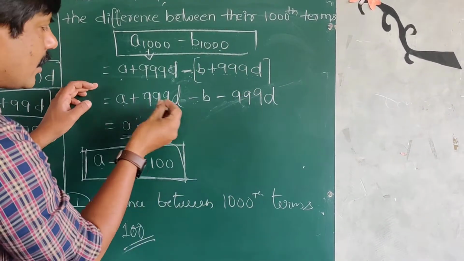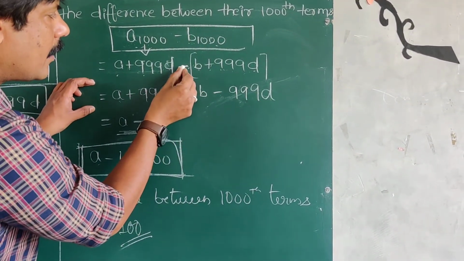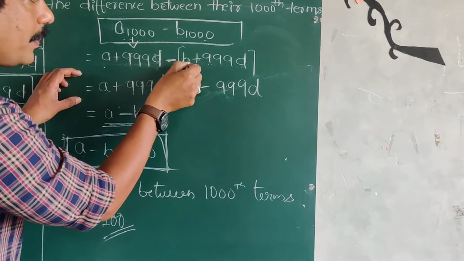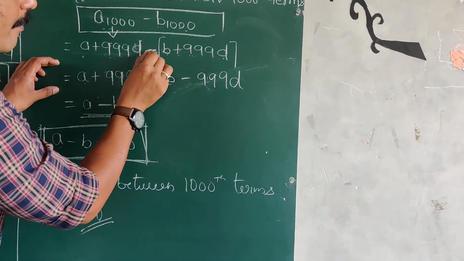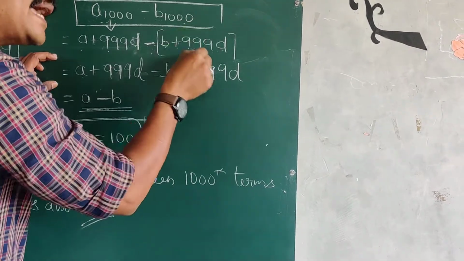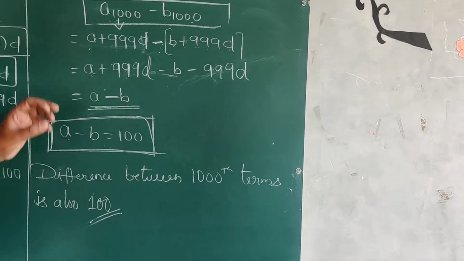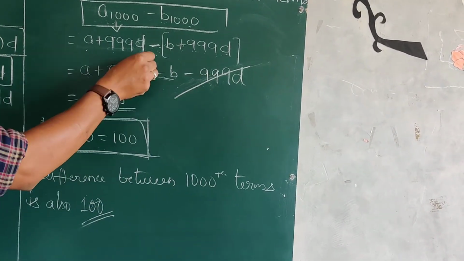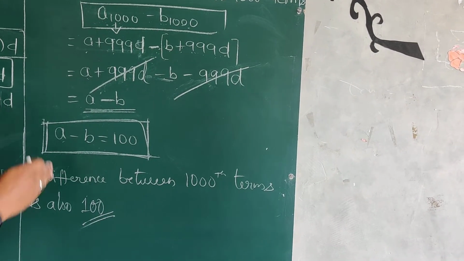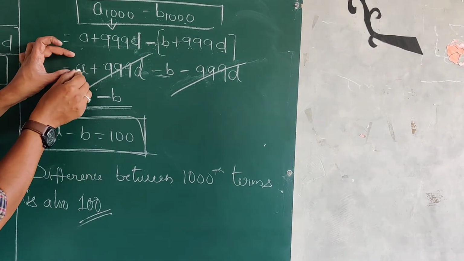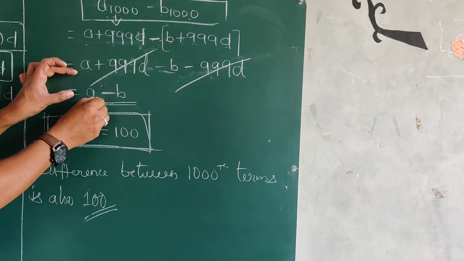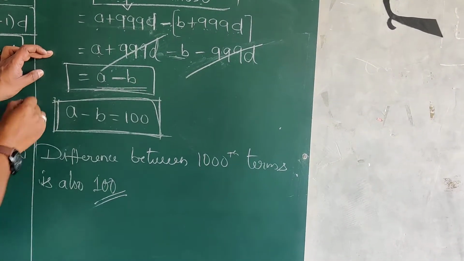If you remove the bracket, you have to multiply with minus: minus into plus B is minus B, minus into plus 999D is minus 999D. Minus 999D plus 999D gets cancelled. What is remaining is A minus B.